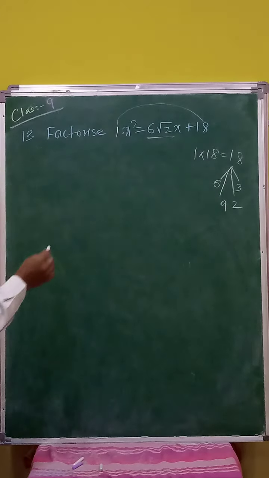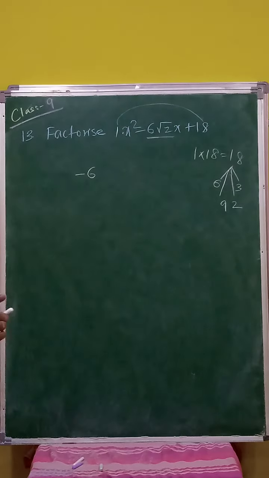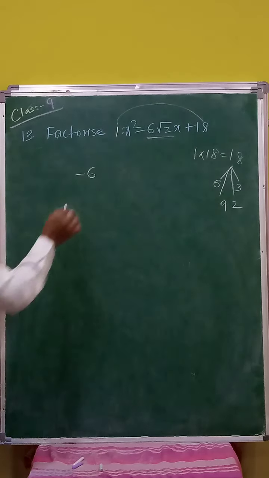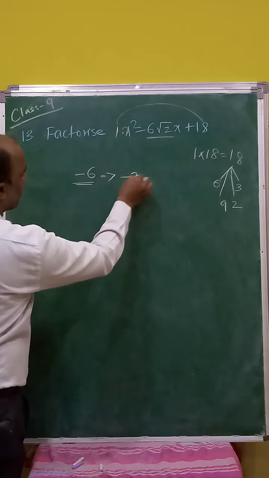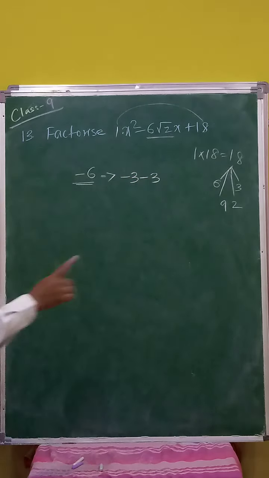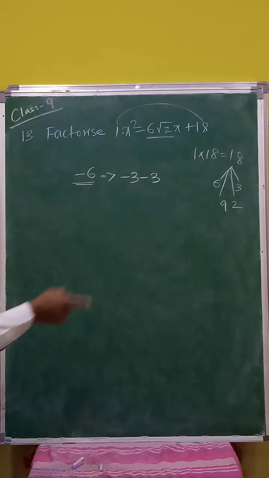How to write, I will show you here. Minus 6, what is the number actually? Minus 6 is a rational number. Using this, first you change it. I am changing this as minus 3 minus 3. Minus 3 minus 3, what is the answer? Minus 6. 3 into 3 is 9.